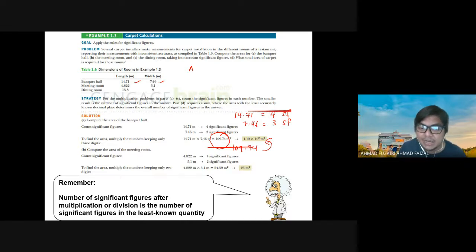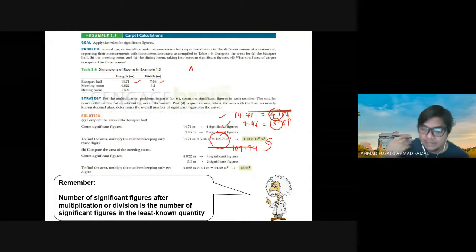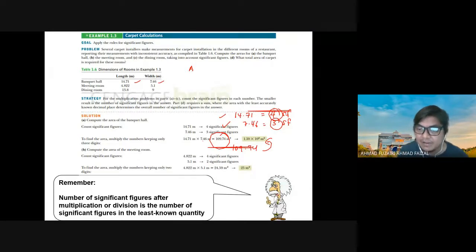If the question asks you about area, that means length times width. So for length times width, the least significant figures for the area should be 3, because the width is only 3 significant figures, while the length is 4. So the final answer should follow the least significant figures.